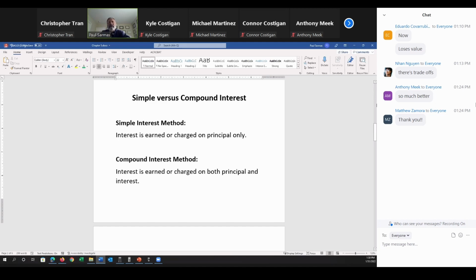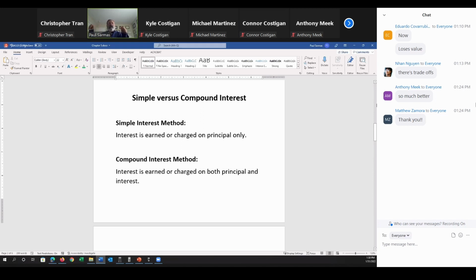That's very important. Simple interest, as you can see, is where your interest is earned or charged on principal only. So every year you get paid interest on the principal amount that you put in the bank. So $100 you put in the bank today, by end of the year, next January, you get 10% interest, that's $10.